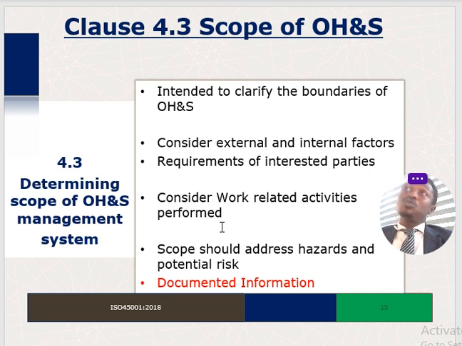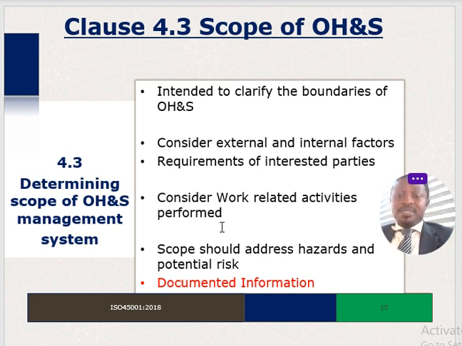Like we said in the beginning, once you identify the internal and external factors that can impact your OH&S management system, you need to factor in those you identified in clause 4.1 when determining your boundaries and applicability. You also have to consider the work activities to be performed.